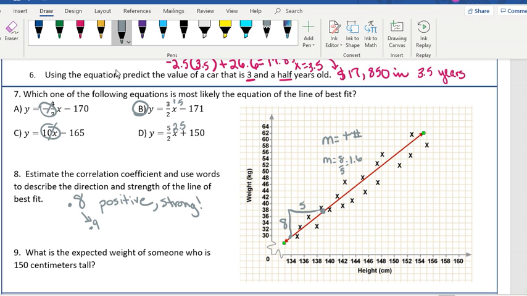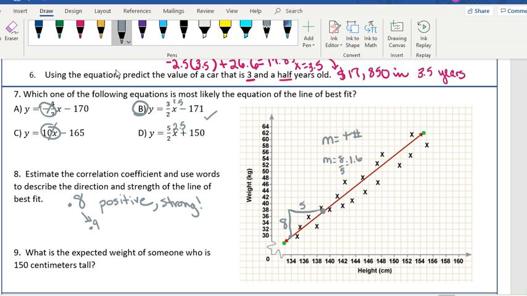All right, what is the expected weight of someone who is 150 centimeters tall? Well, that means that I would have to use B. All right. This negative 171 is still bothering me. I'm good with the slope, but this really kind of bugs me that a negative 171 seems way too far down, but I'm going to go with it.